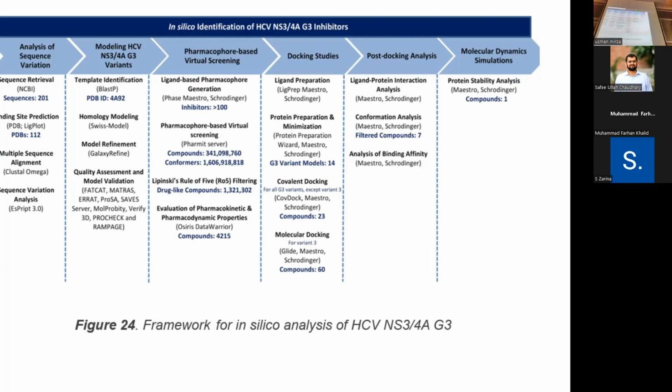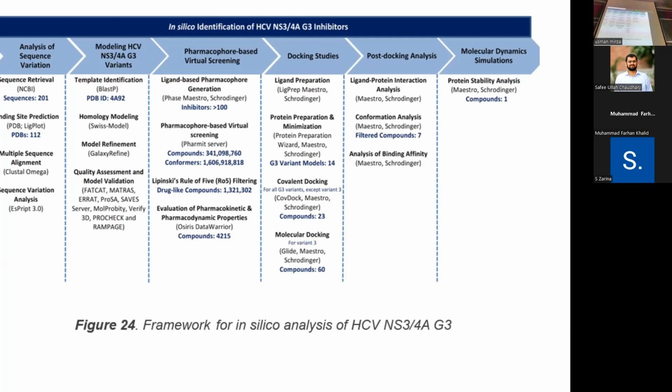As a result, we got 23 compounds which were making interactions with the protein variants that were modeled. These compounds were then subjected to post-docking analysis, in which we identified the ligand-protein interactions using Maestro Schrödinger, and the conformation analysis led to the identification of 7 compounds from these thousands of compounds. These 7 compounds indicated good interactions with the protein variants that incorporated mutations.